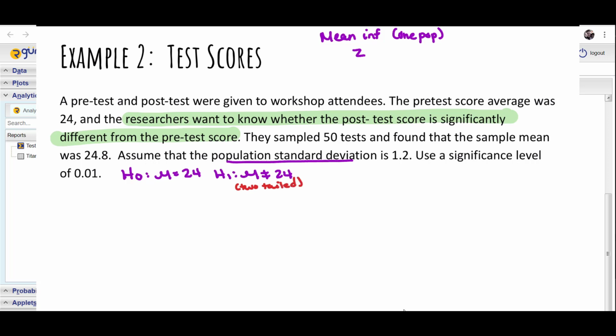All right, so let's fill in some things we're going to need to put in. We need to know the sample mean, and the sample mean is 24.8. The population standard deviation is 1.2, the sample size is 50, and the significance level they defined as 0.01.